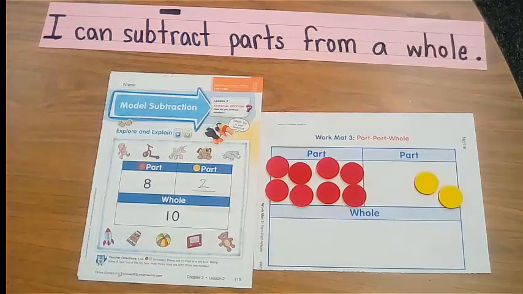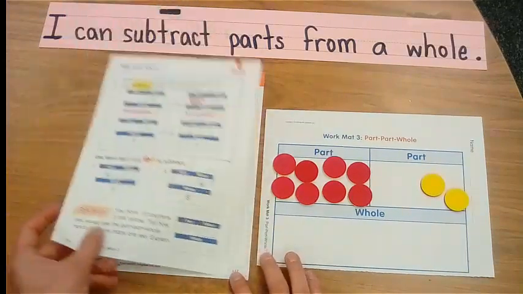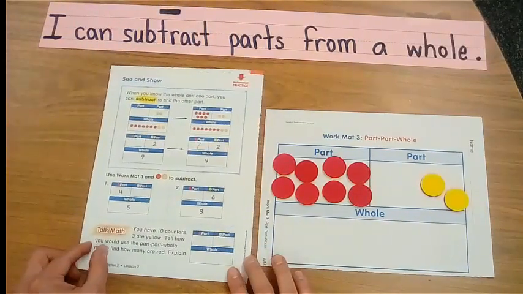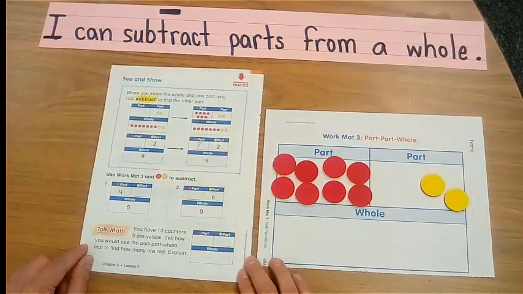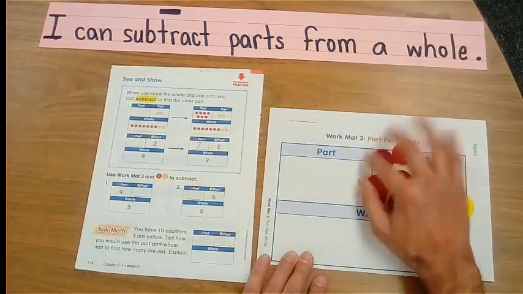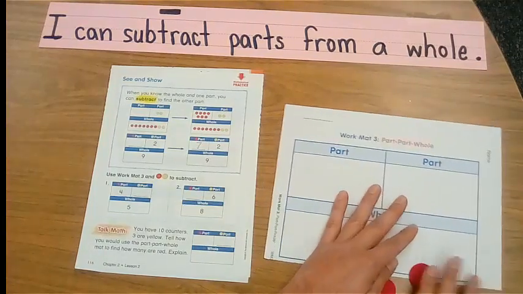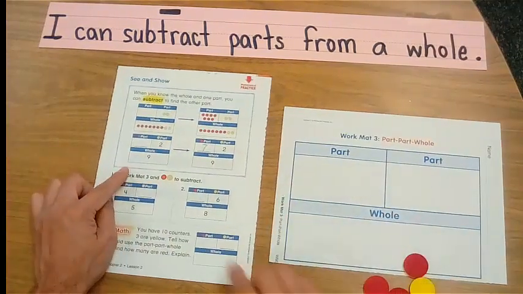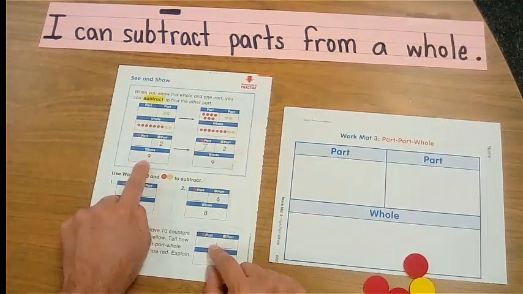Okay, great. So now let's turn the page. And it says, when you know the whole and one part, you can subtract to find the other part. So let's do that. We're going to use 9 dots right here.